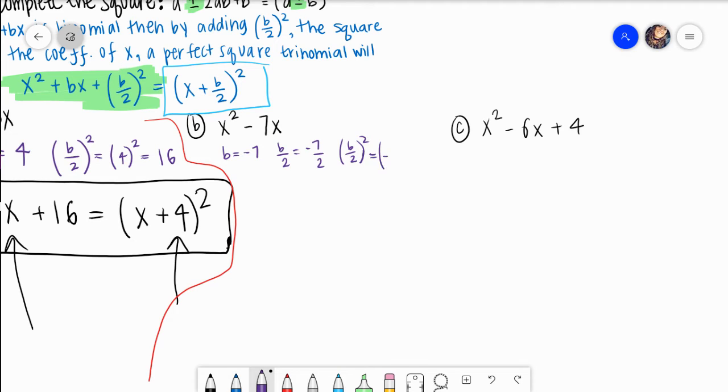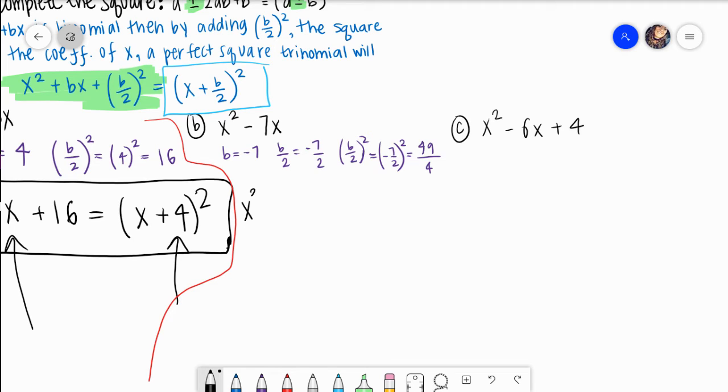If you square this, that's using an exponent rule, a power rule, where everything inside of those parentheses gets squared. So your negative 7 gets squared and your 2 gets squared, and we get 49/4.